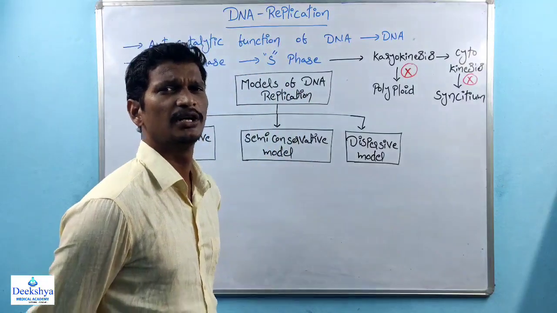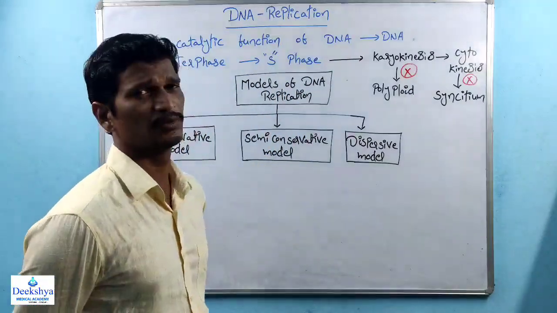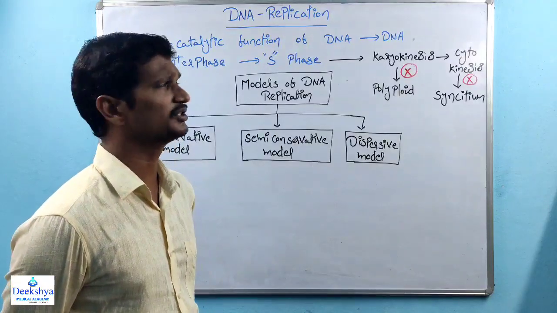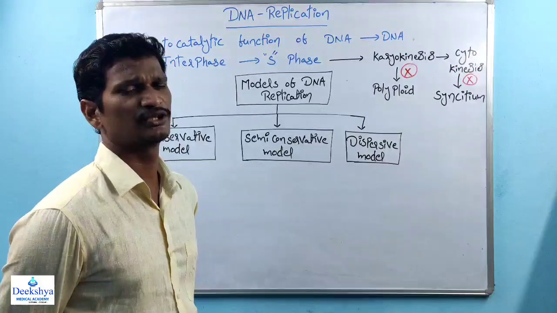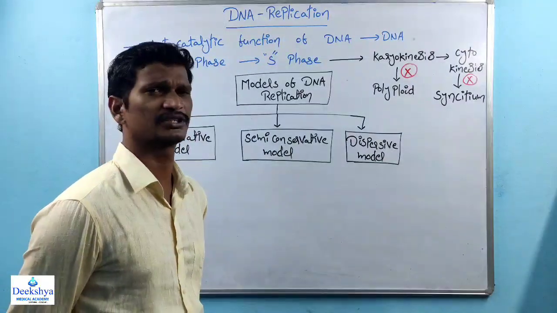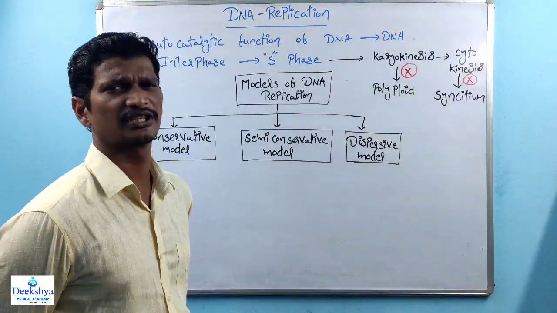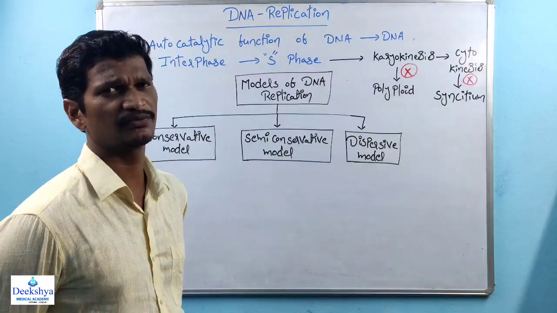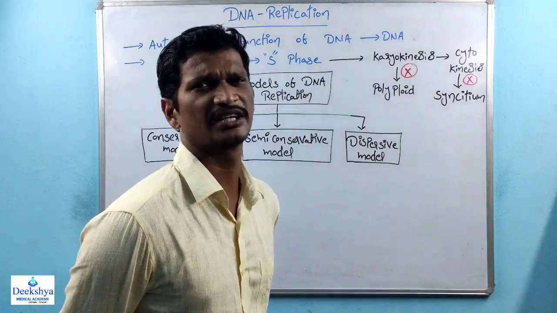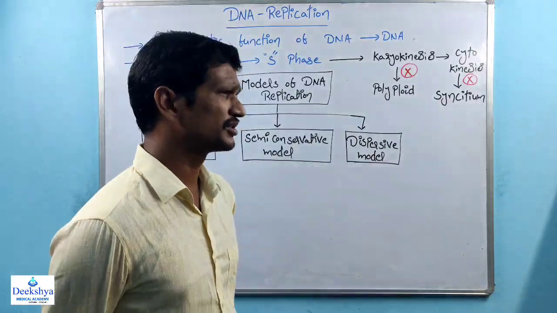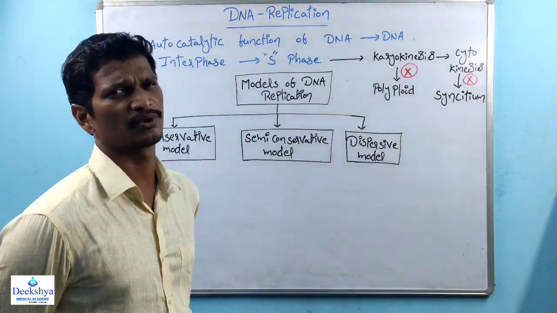In this class, we are discussing the DNA replication process. DNA majorly shows the autocatalytic function. Autocatalytic function is nothing but synthesis of DNA from DNA. That is also called the self-replication process.